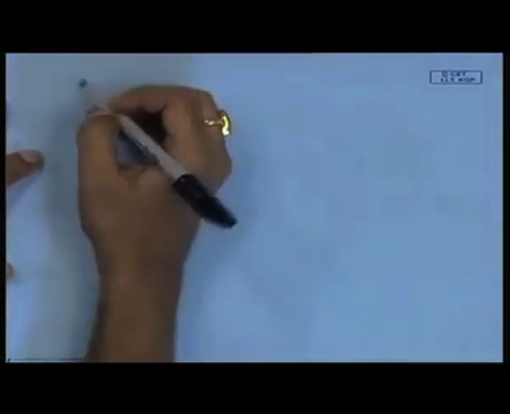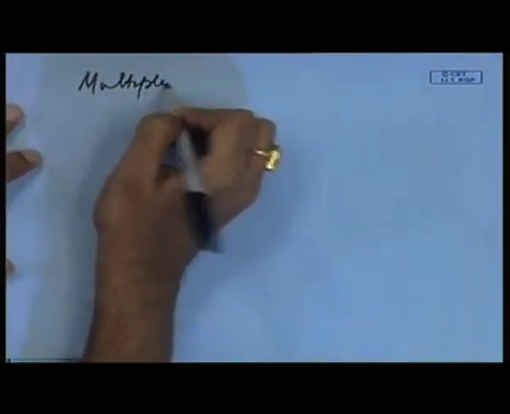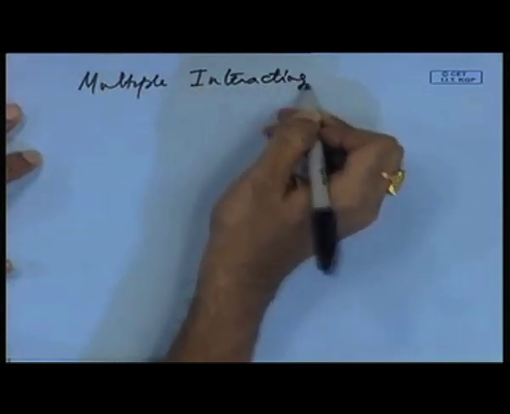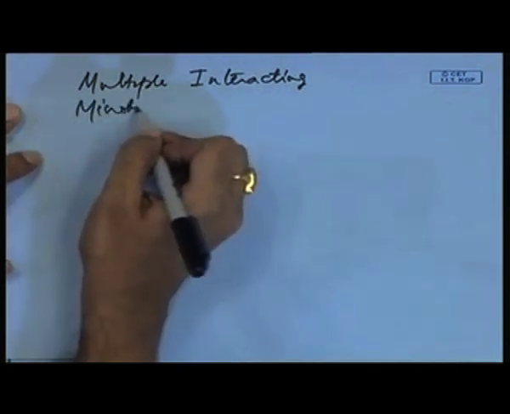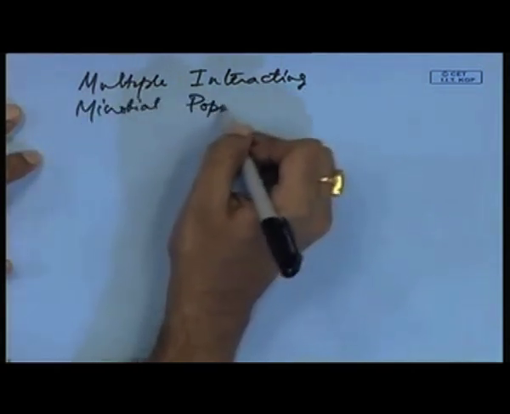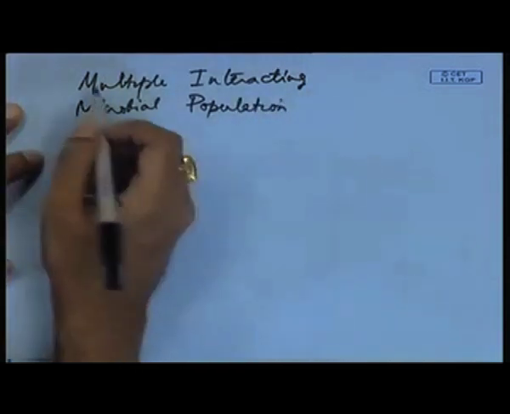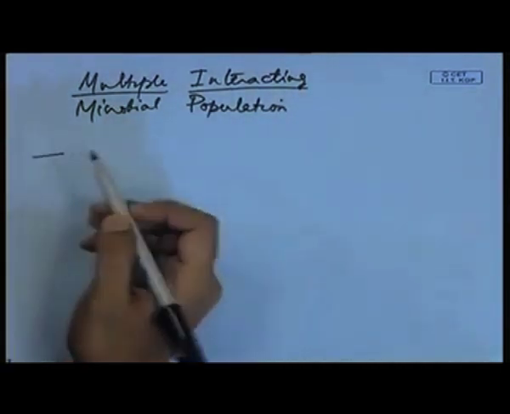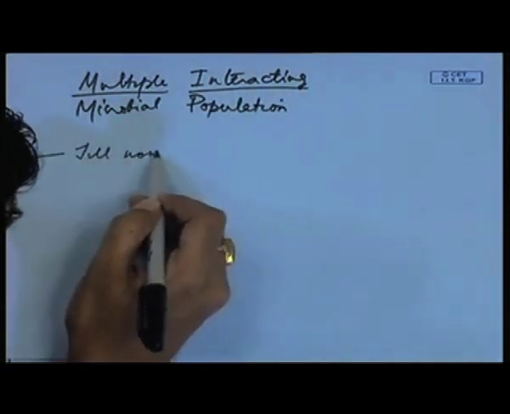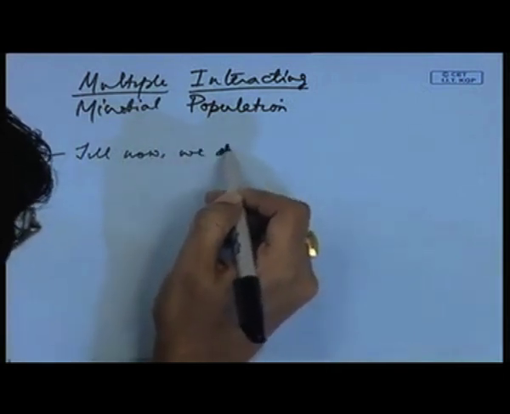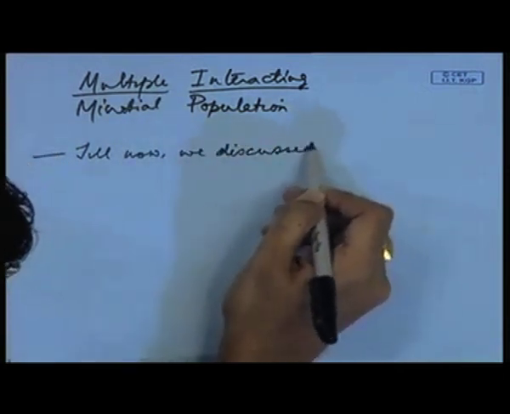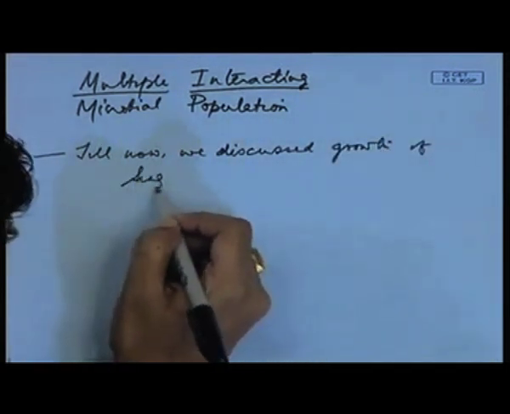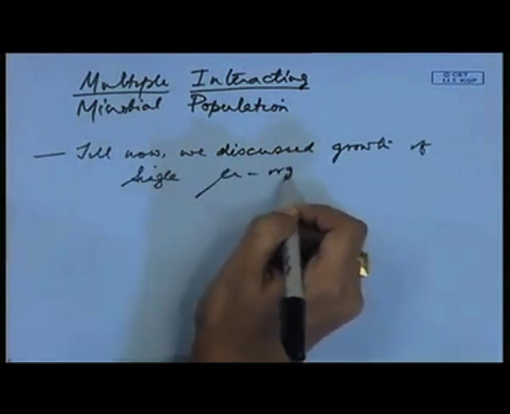So, as I said, this is multiple interacting microbial population. The stress is on both multiple and interacting. Till now we discussed growth of single microorganisms.